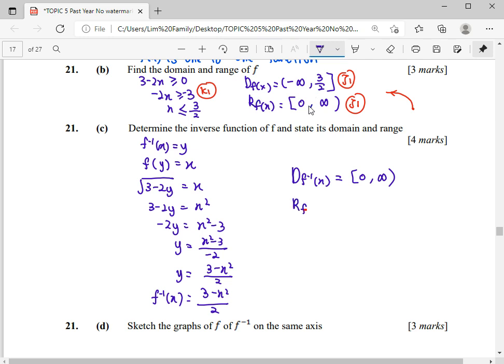Meanwhile, the range of f inverse refers to the domain, which is negative infinity to 3 over 2. So the concept here is, for 1 mark, finding the f inverse and stating its domain and range.